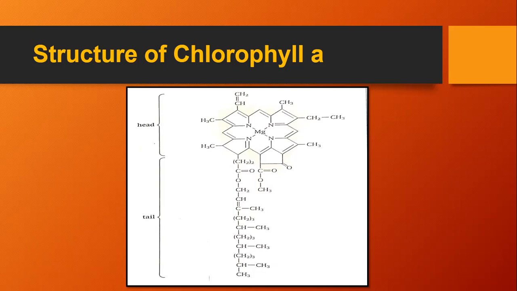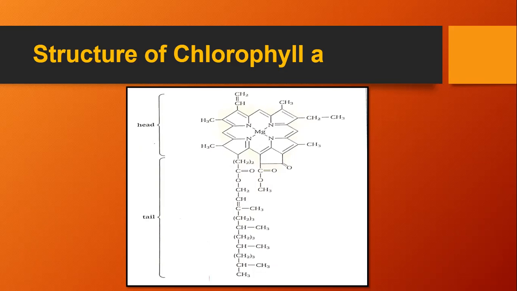And then there is a hydrocarbon tail, which in this case is called the phytol tail. But once again, no need to remember these ring names or the tail name. That is just for your information, that the head portion consists of a ring structure called the porphyrin ring, and the hydrocarbon tail is called the phytol tail.